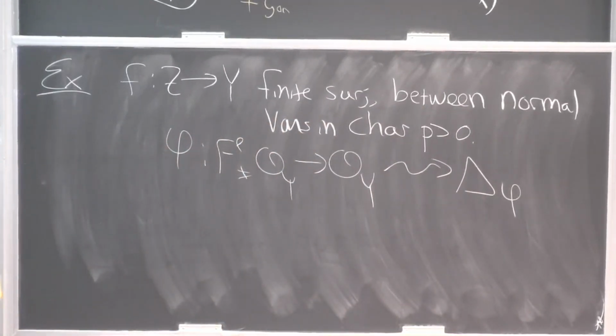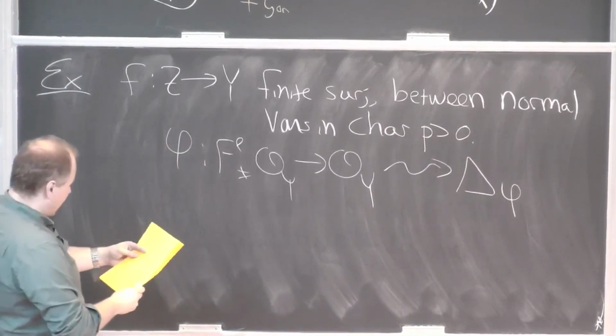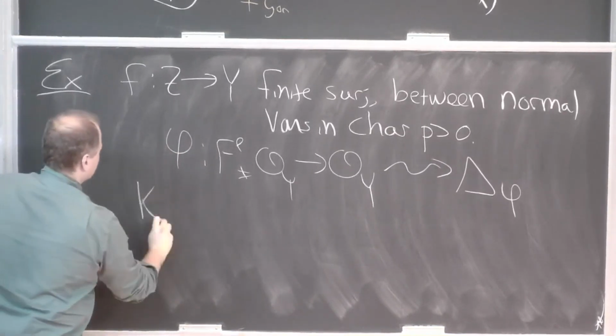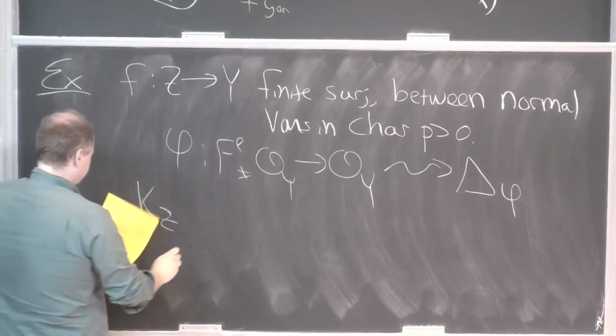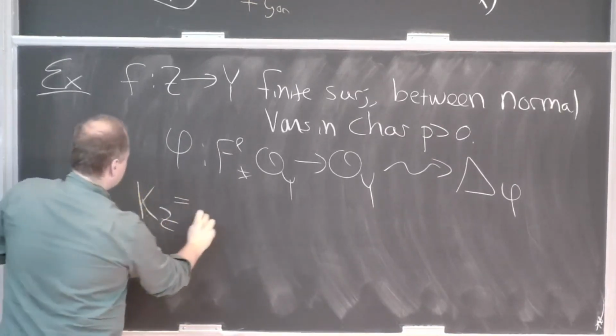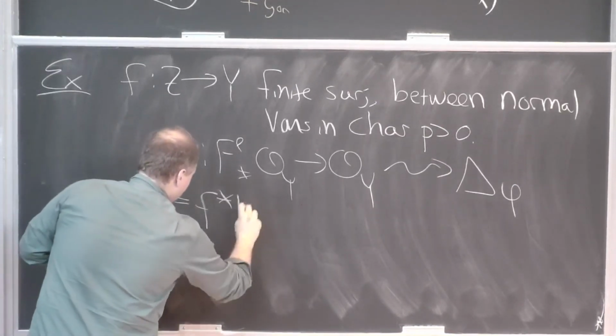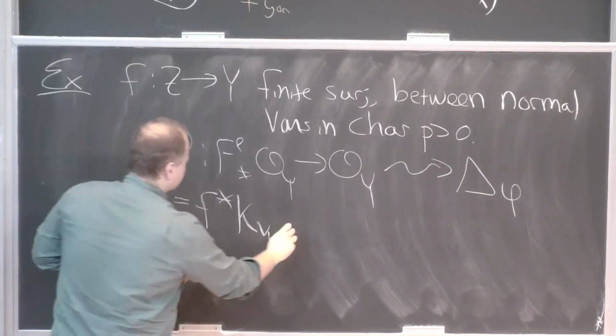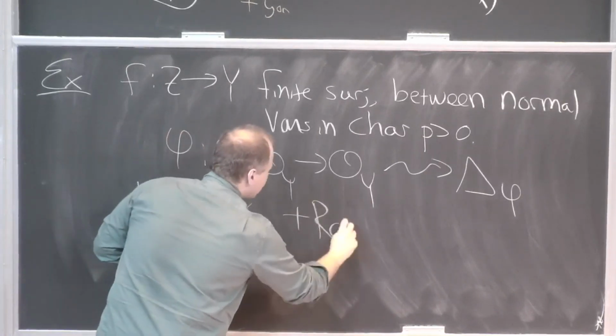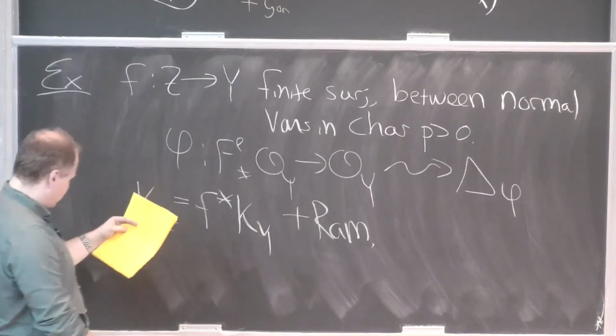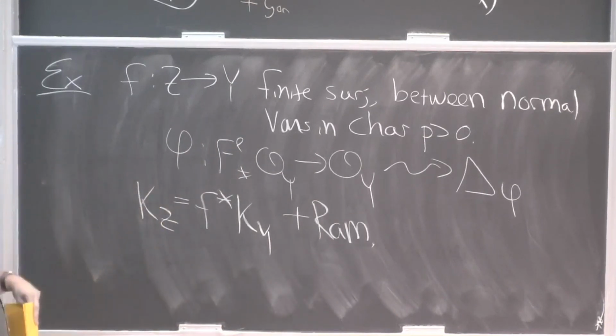And then let's see, I can write K_Z equals pullback of K_Y plus the ramification divisor. I'll call it Ram, because I'm probably using every other notation already. Okay.